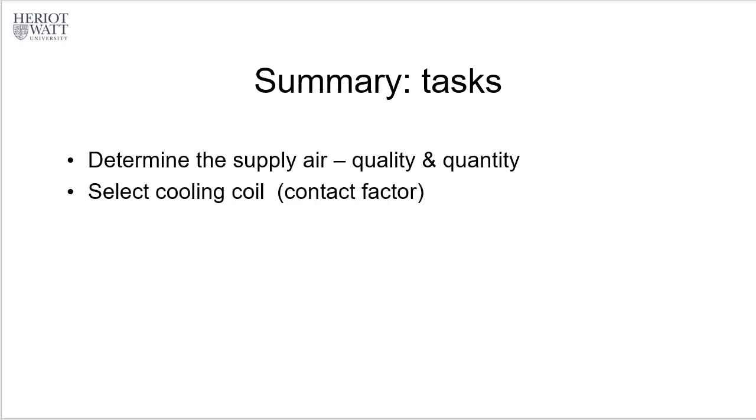Then we can determine the cooling coil, and from the off-coil temperature and the apparatus point, we can work out the contact factor. And the contact factor is the figure we use to buy a heat exchanger.